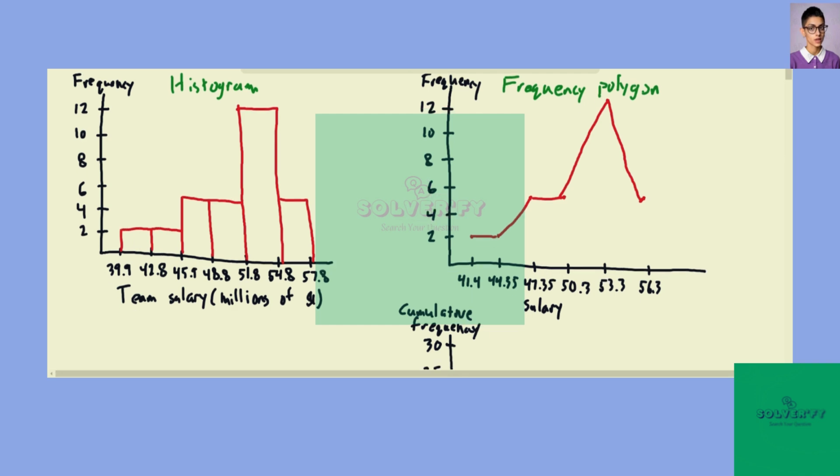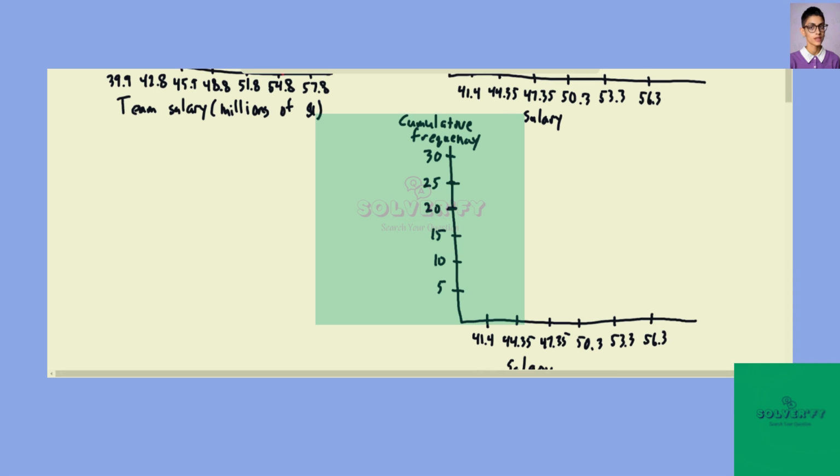So our ogive. We'll just change the y-axis here to cumulative frequency. The first one will be 2, and the next one will be 4, and so on. We start off with a 2, and a 4, and then we'll jump up to a 9, and then to a 14, and that next class was 12, so that's going from 14 to 26.